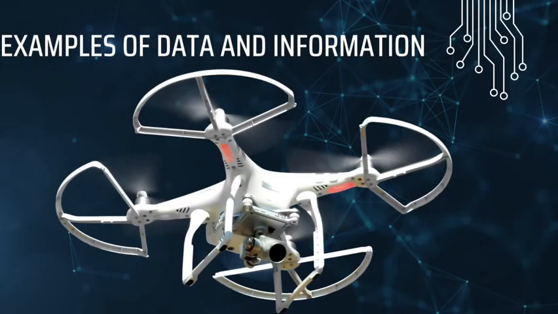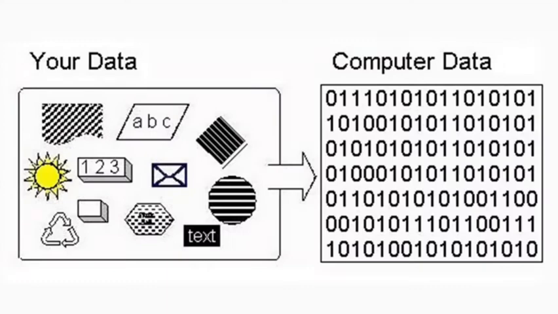And when you talk about examples of data, what comes to our minds can be letters, numbers, or alphanumerics. It can be your books, chairs, names, houses, schools.